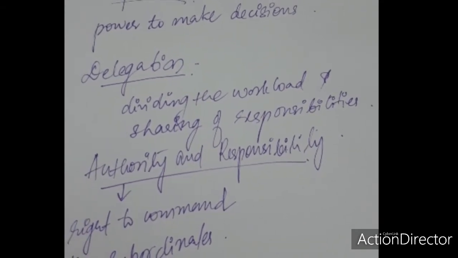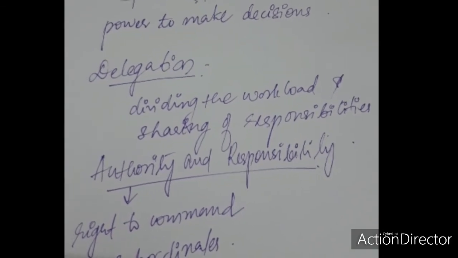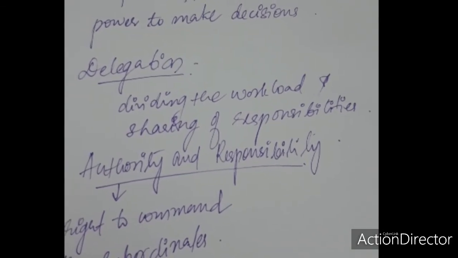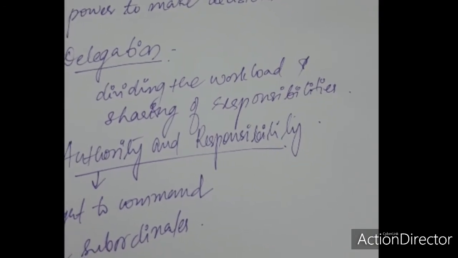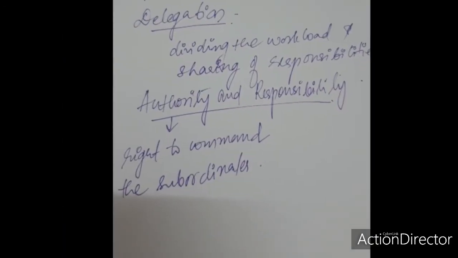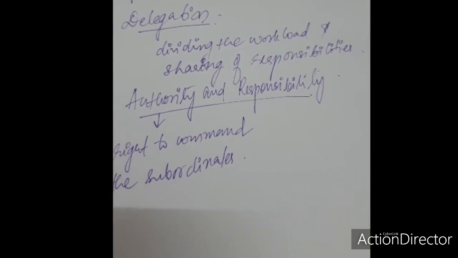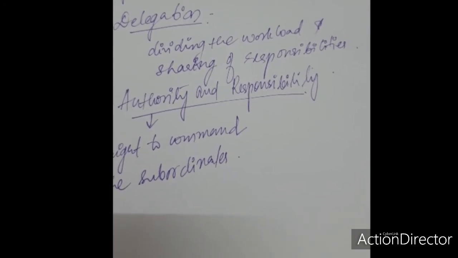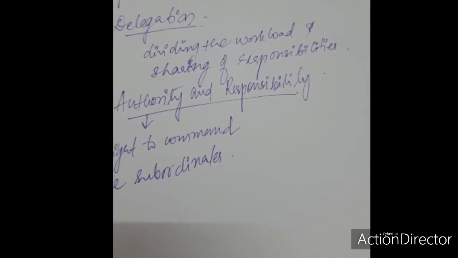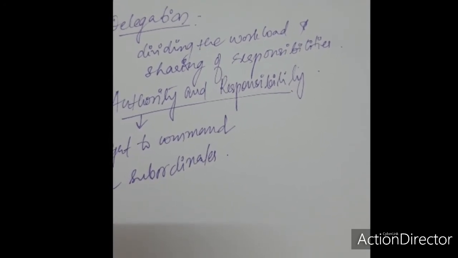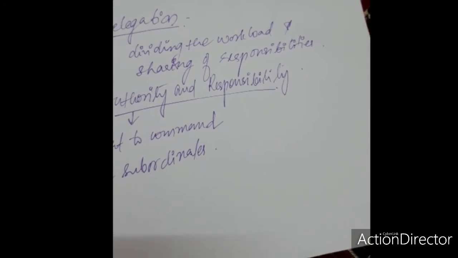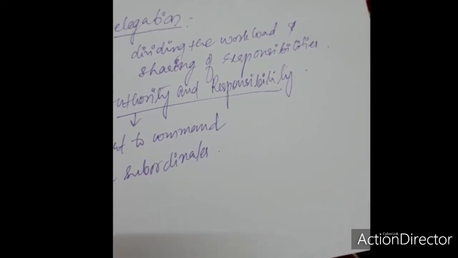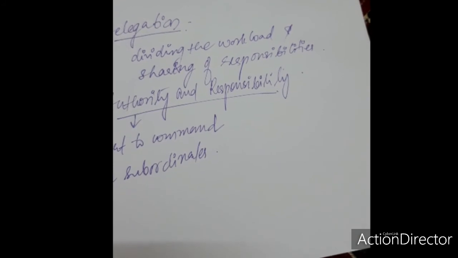So that is authority, while responsibility is the obligation. The duties given by the manager should be correctly done by his subordinates. The duty of the manager doubles here. He has to take care of his subordinates, and also make sure that they are doing the work properly.